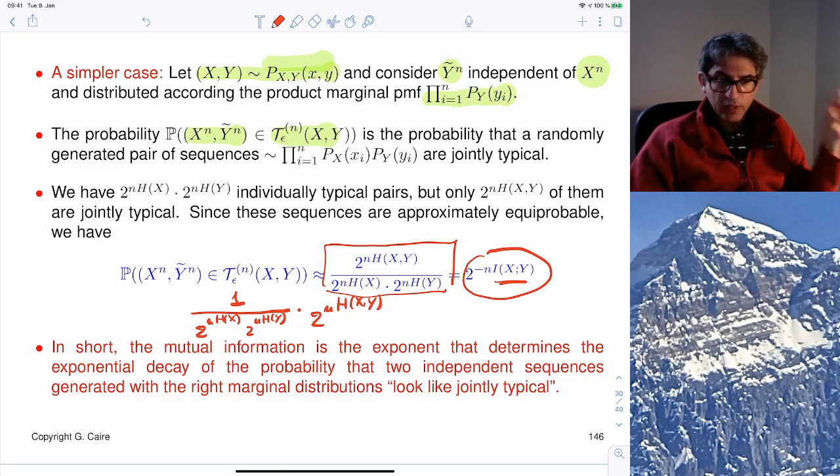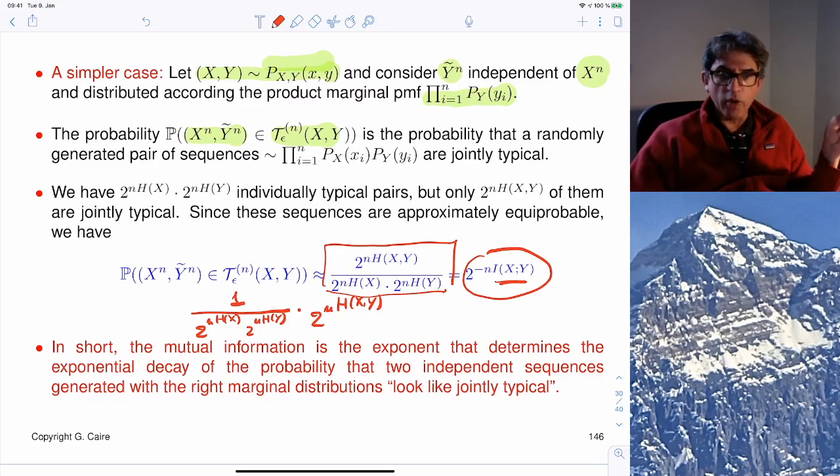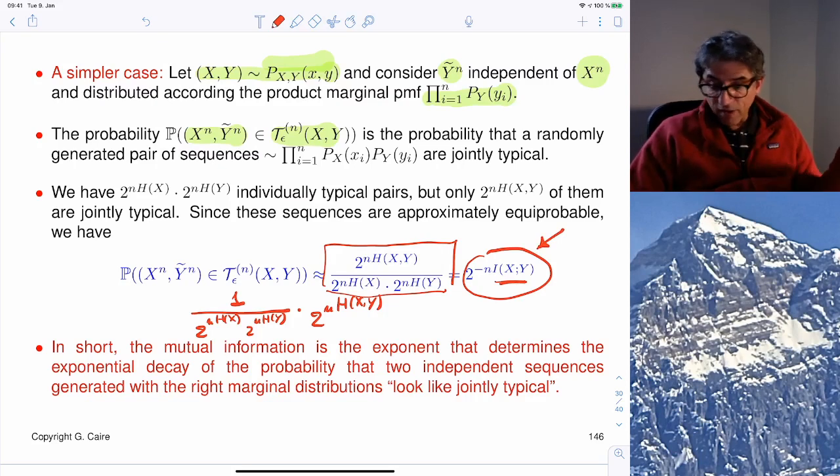We pick two sequences that are individually typical, but they are independent. What is the probability that effectively we hit one jointly typical pair? It is exponentially small, and the exponent is the mutual information. So in particular, if the mutual information is 0, so x and y are effectively independent, this probability is essentially 1.